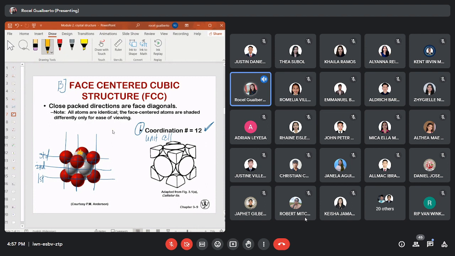Ilan po yung mga katabi niya? Apat po. Apat. Yan po. Apat na pula na nakapaligid po sa kanya. Okay? So, ibig sabihin po, may apat po tayo doon.